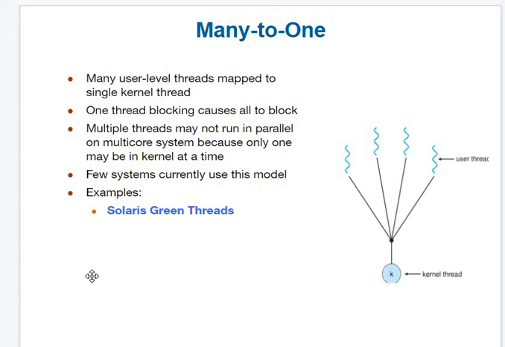This system was present in Solaris green threads, where many users make requests. Let me give one more exact explanation. Assume that 4 friends are doing one project. They do tasks separately, but their results are going to be stored in some common space, because they are doing one project.